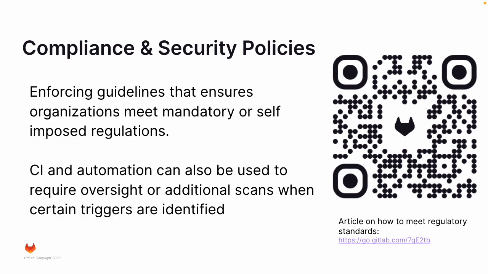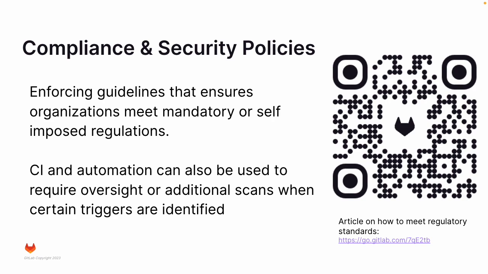And aside from that, security policies. Okay, a vulnerability has been discovered. What happens next? Security policies can be put in place to ensure that, if this number of CVEs are detected, or this number of criticals are detected, that PR or MR should not be merged until someone from quality assurance, or someone from the security team, reviews this.